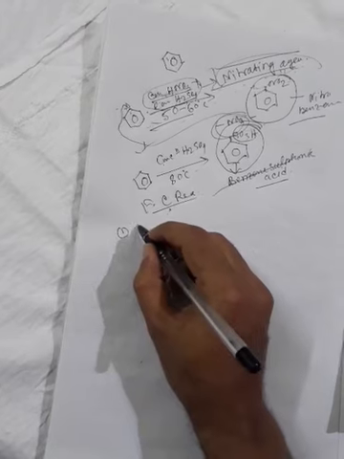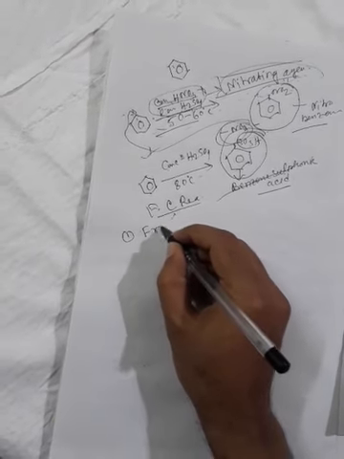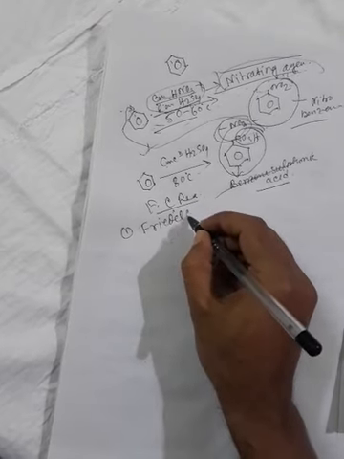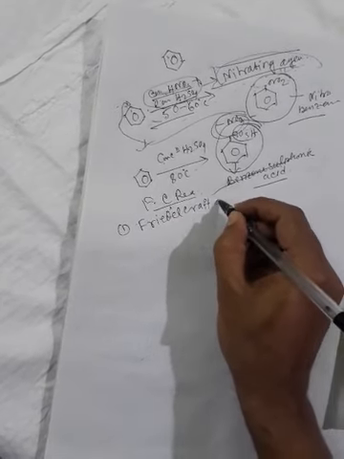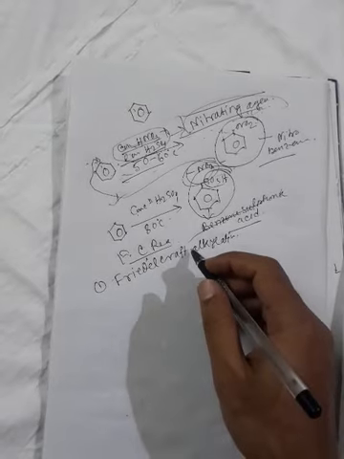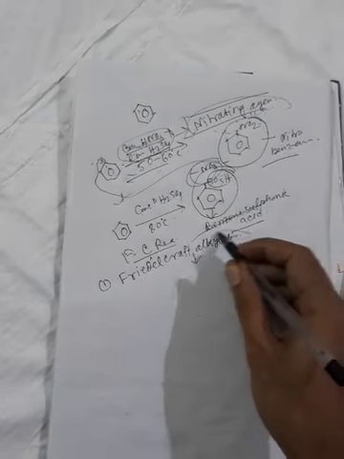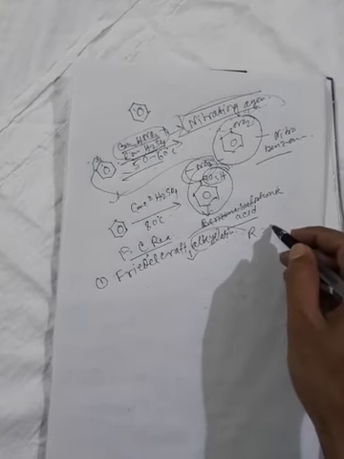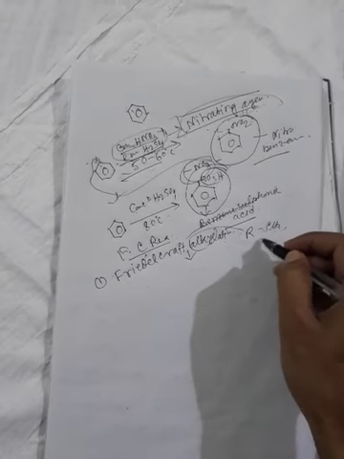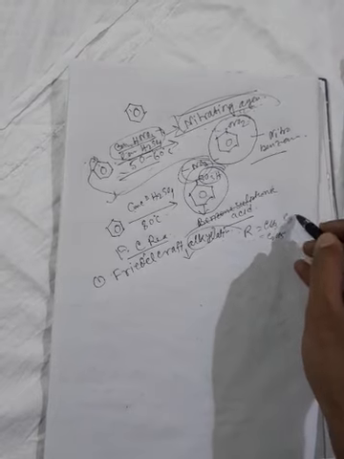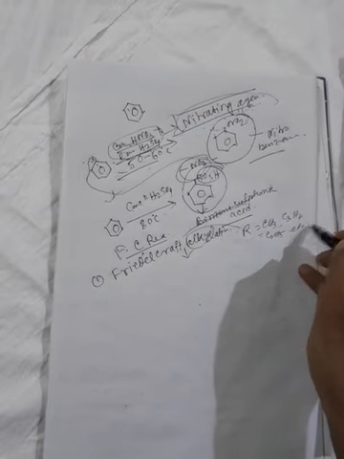One is Friedel-Crafts alkylation. Friedel-Crafts alkylation means alkyl groups, R, where R may be CH3, C2H5 ethyl, or C3H7 propyl, and so on.